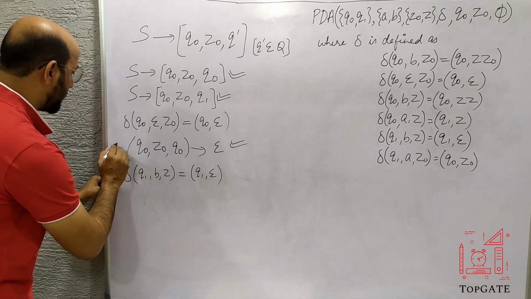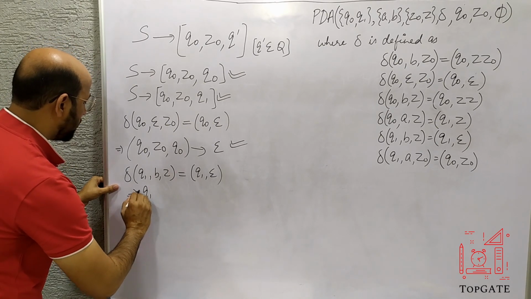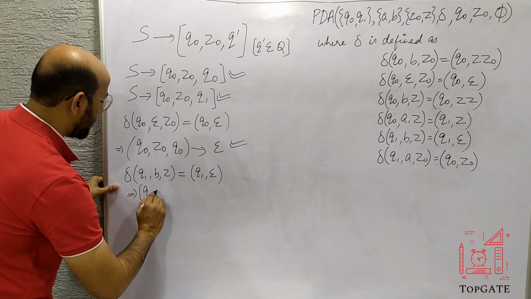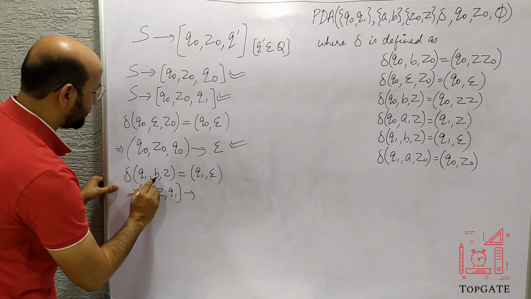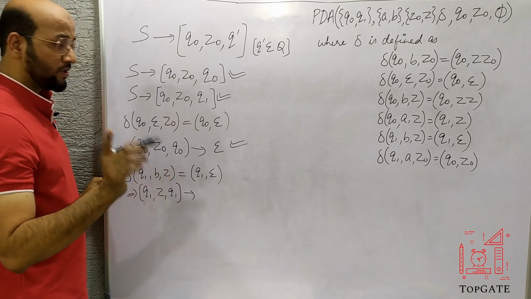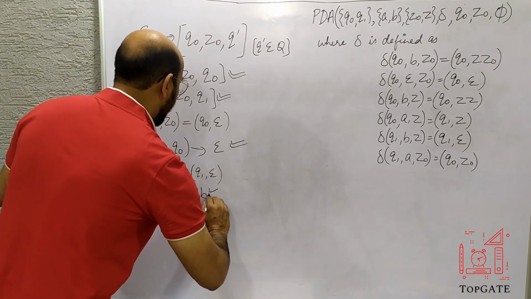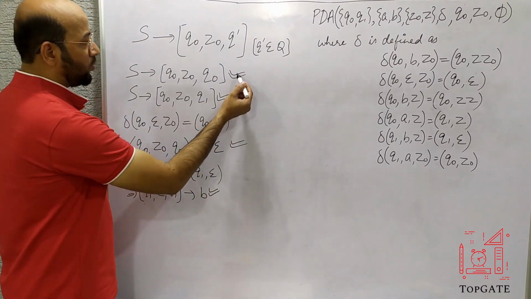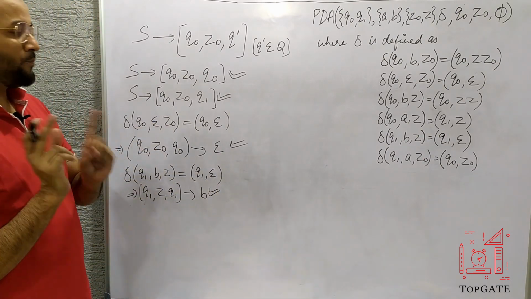Again, the rule will be q1 comma z comma q1, which gives b into null. So b into null is b, so I'll get a b here. This rule will also be included in the final list of productions. So how many rules have we got till now? 1, 2, 3, 4. And we are done with the pop operation.